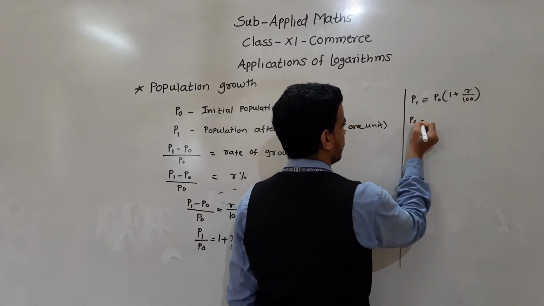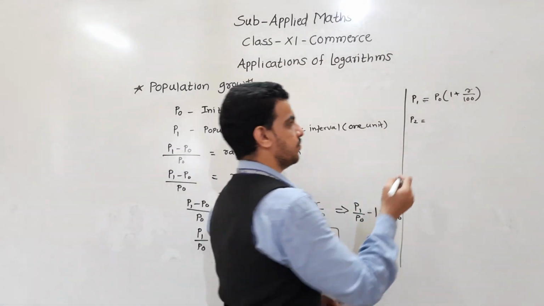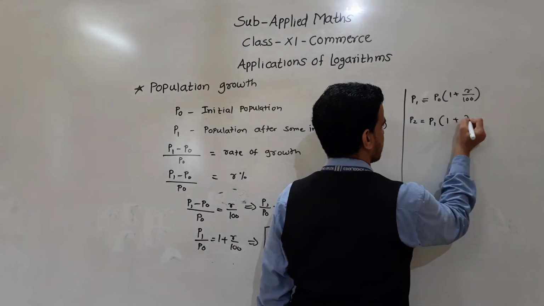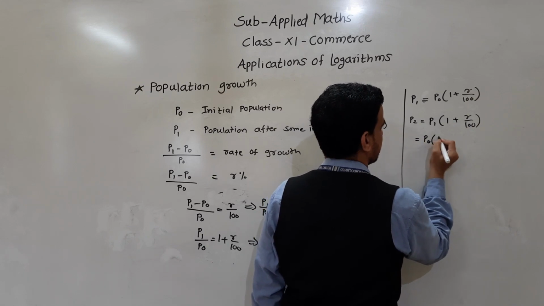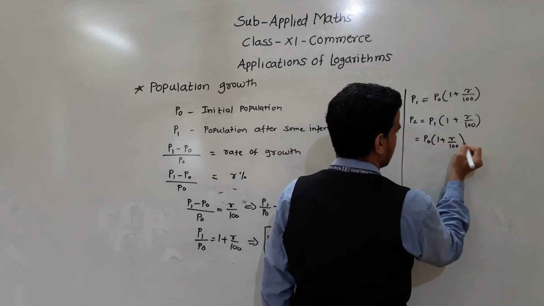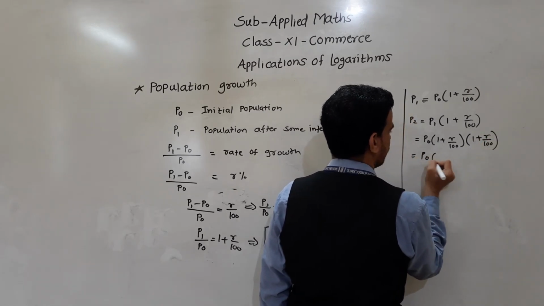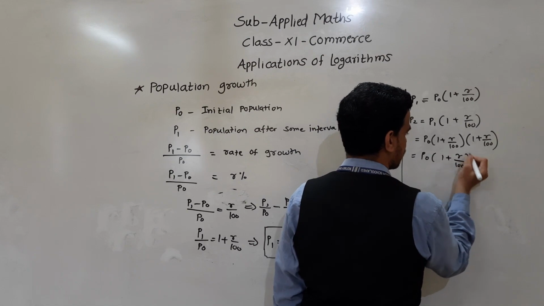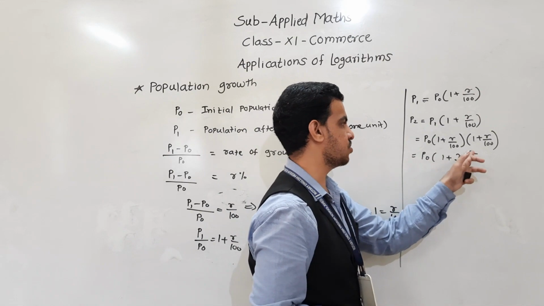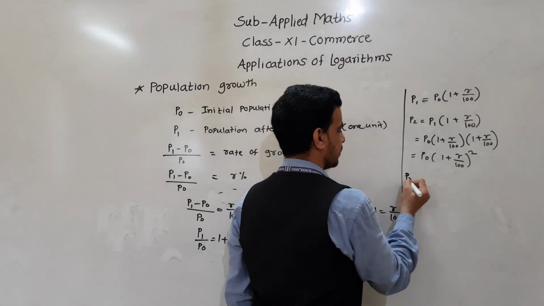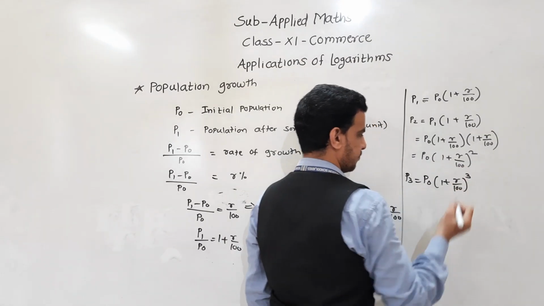Then for 2 years, P2, how we find it, is P1 into (1 plus R by 100), but the value of P1 is P0 into (1 plus R by 100), and into this (1 plus R by 100). So it is P0 into (1 plus R by 100) raised to 2. So for P1 it is raised to 1, for P2 it is raised to 2. Similarly P3 we can write as P0 into (1 plus R by 100) raised to 3.